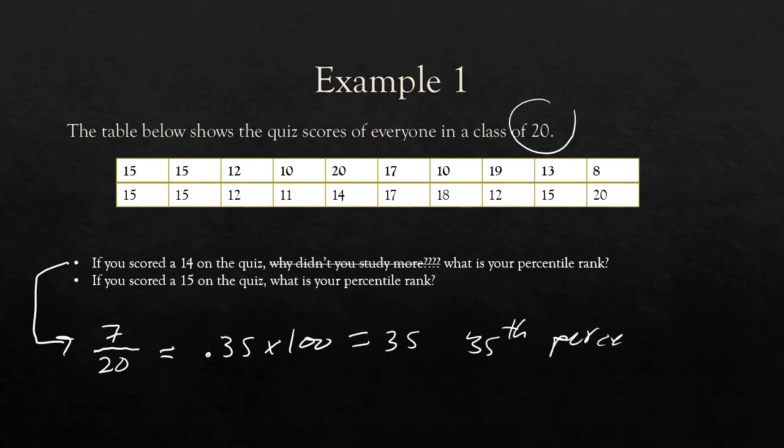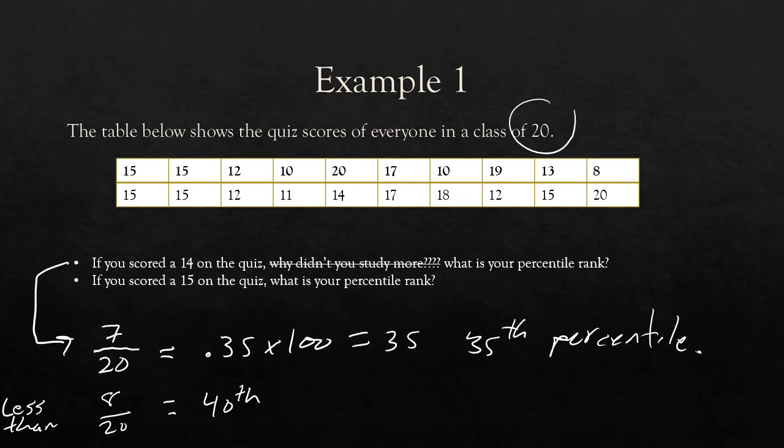Now, this is where it's going to get tricky. If we move on to the next one, if you scored a 15, what is your percentile rank? Well, now less than or equal to is very different than less than. If we go with less than, there's now 8 values out of 20, so this is less than, and that puts us in the 40th percentile.